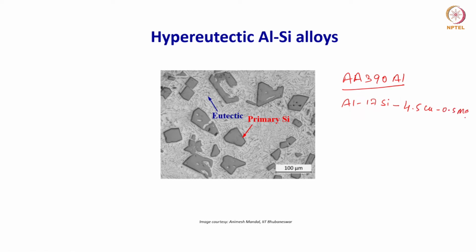So as I said, this is having much higher hardness, and therefore this can be used for the pistons also, because it can resist wear and tear because of the high hardness.